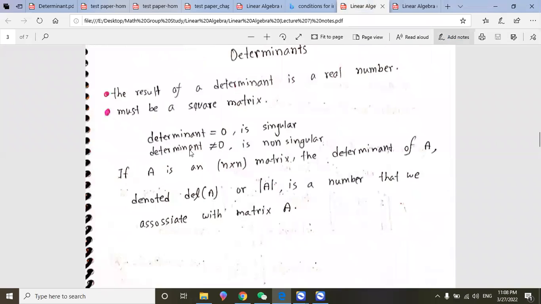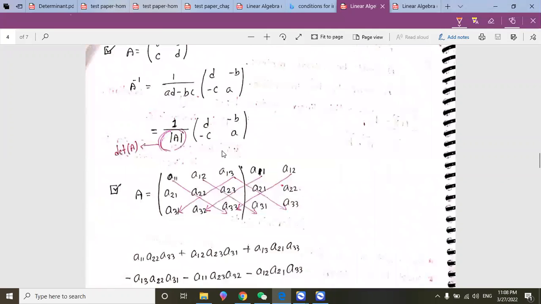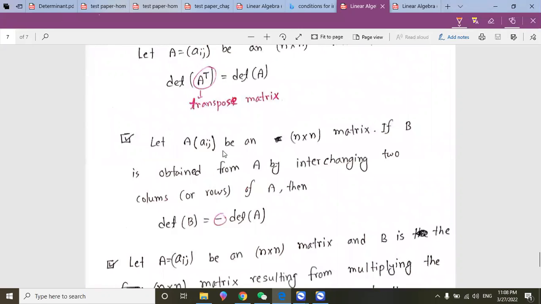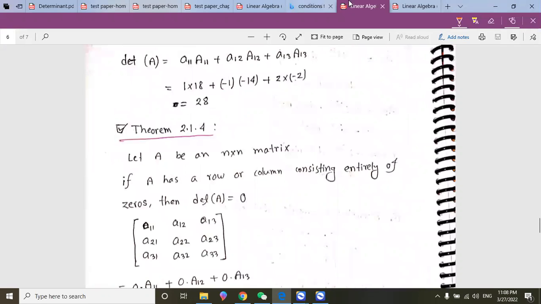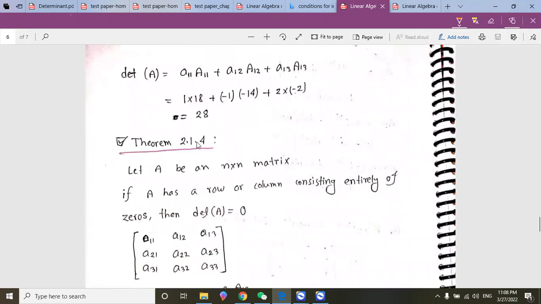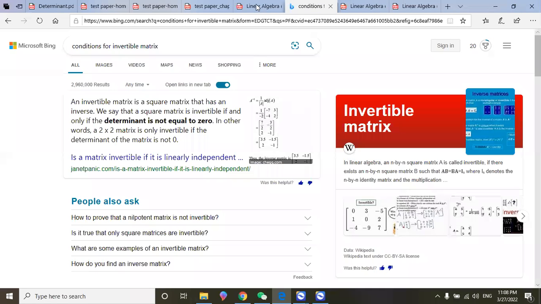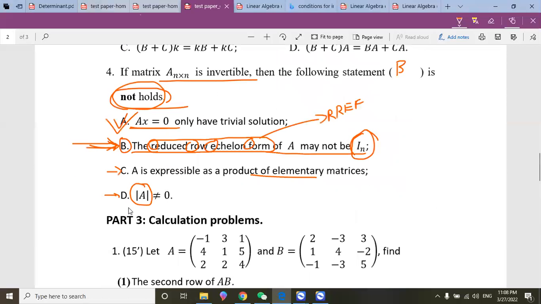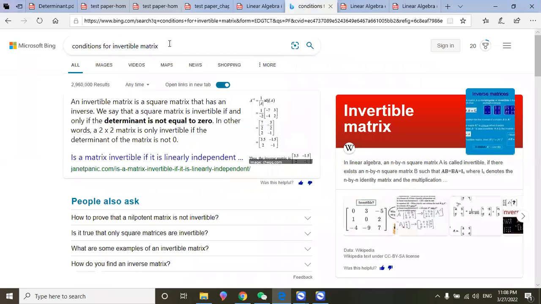The determinant of A will be not equal to 0 for an invertible matrix. Okay, conditions for an invertible matrix.